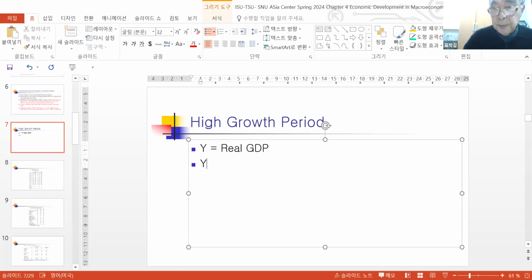Y divided by L, population, is per capita GDP. Because Y is real GDP, L is population.